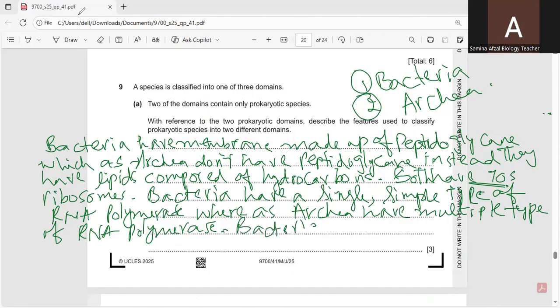Bacteria are found everywhere, whereas archaea live in extreme environments.